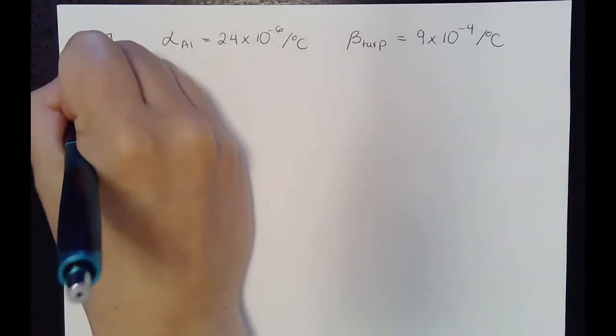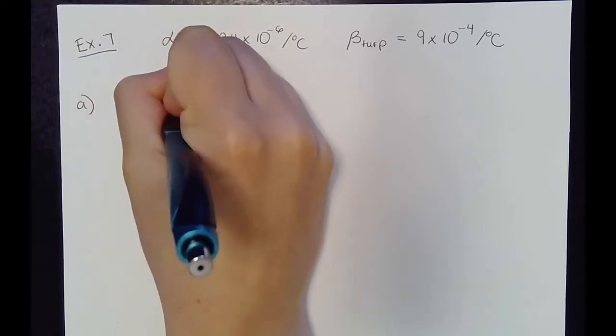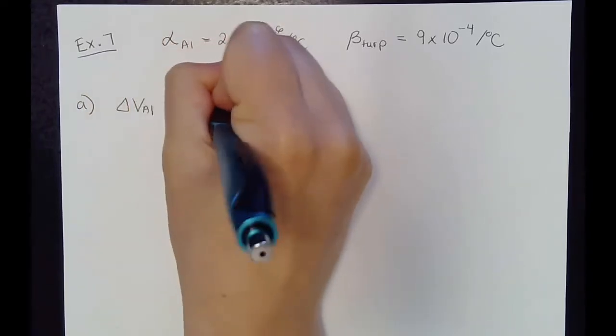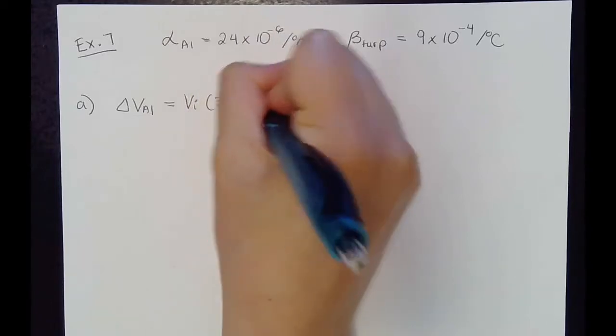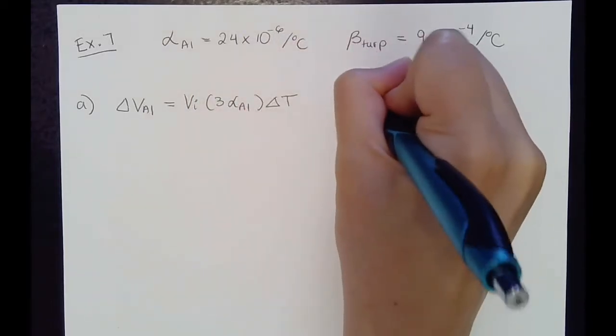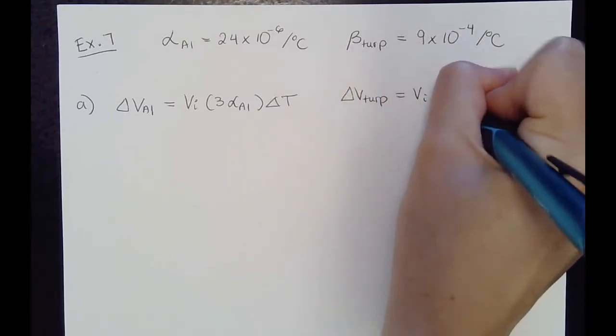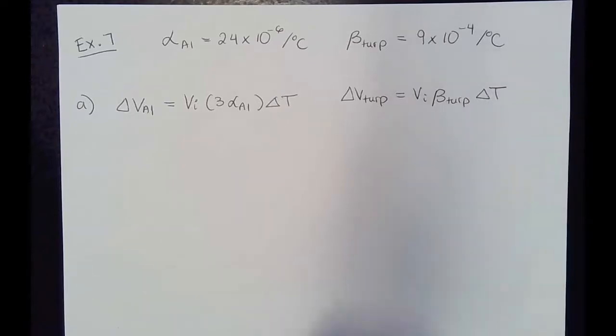Okay, so if we were to write an equation for both, delta V for the aluminum is Vi times 3 alpha aluminum delta T, and then delta V for the turpentine would be Vi beta for the turpentine, also delta T, since both expand and they undergo the same temperature change.